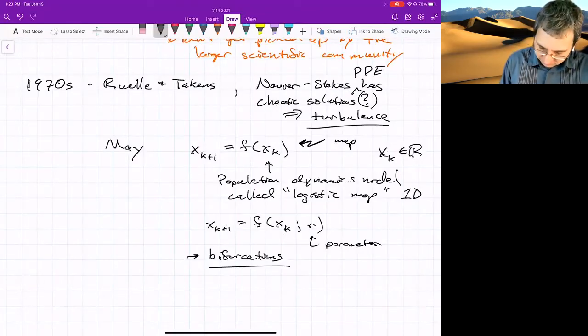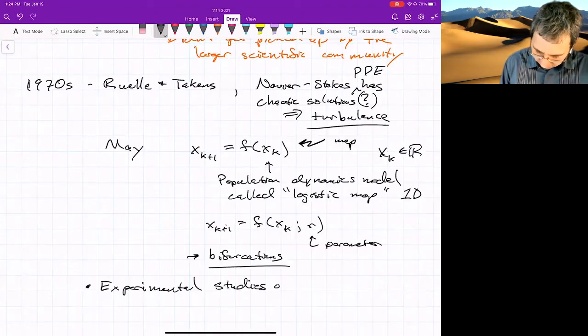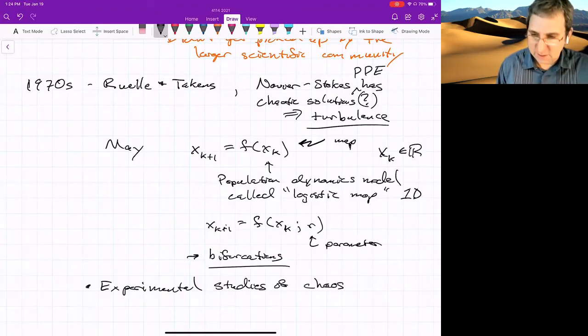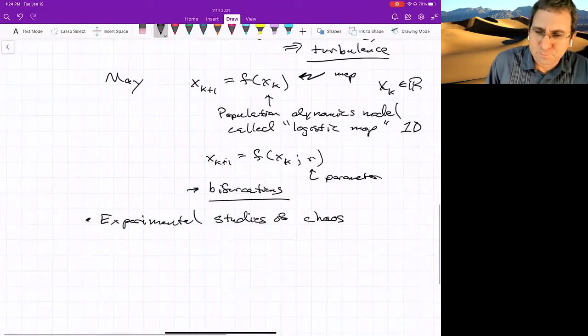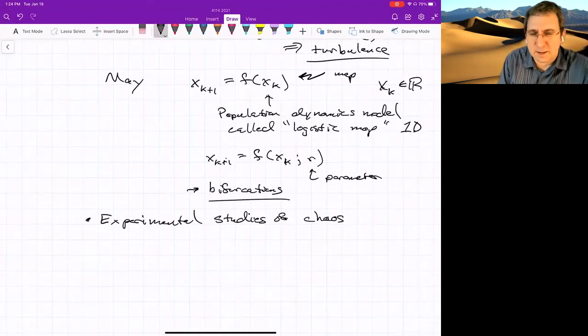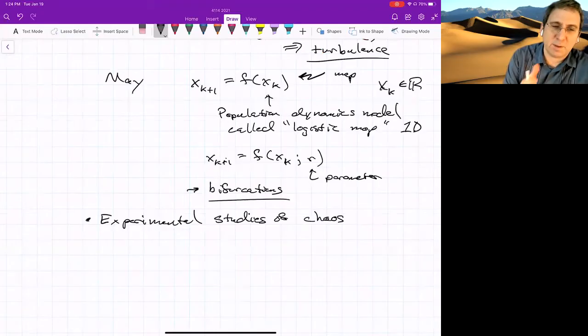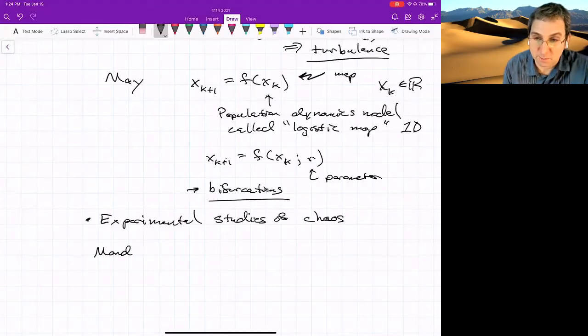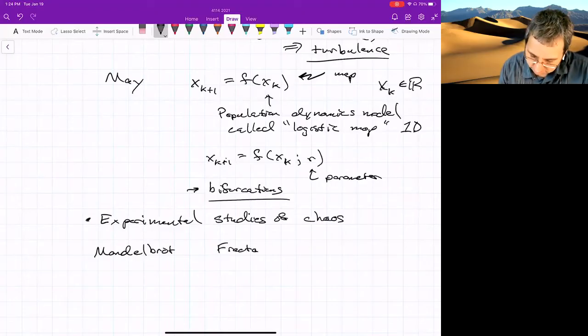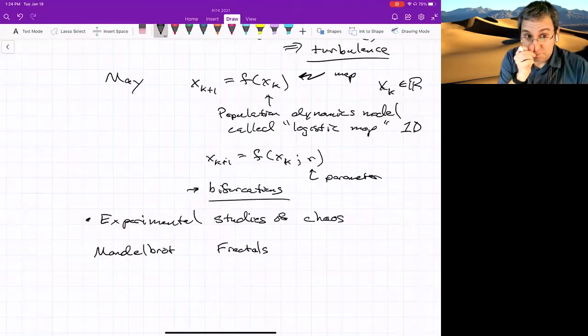There were some experimental studies of chaos, by many people, some of whom I know. And then related to chaos, but motivated by other things, there was work by Mandelbrot. We're still in the 70s, by the way. Mandelbrot looked at this idea of fractals.